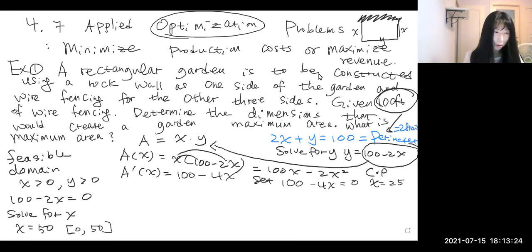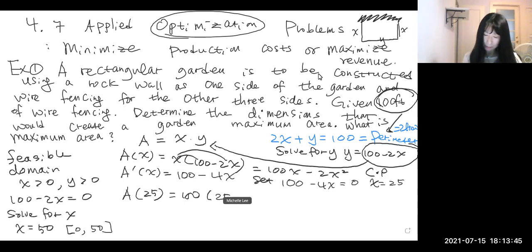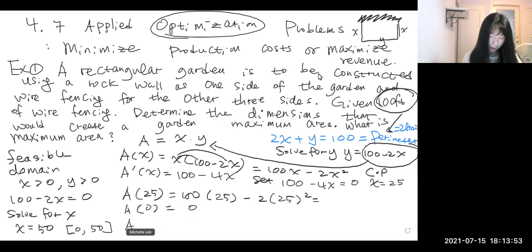Then we just substitute into the function. So at 25, the function is 100 times 25 minus 2 times 25 squared. Can you please calculate? We also have the endpoints 0 and 50.